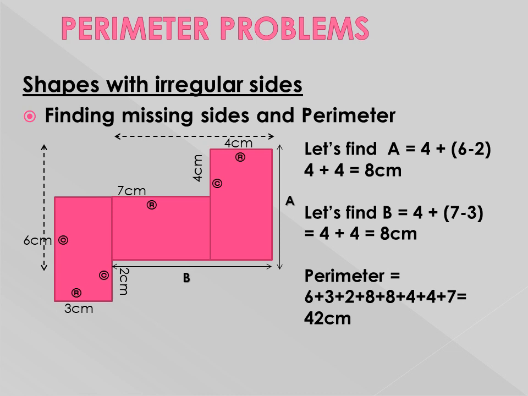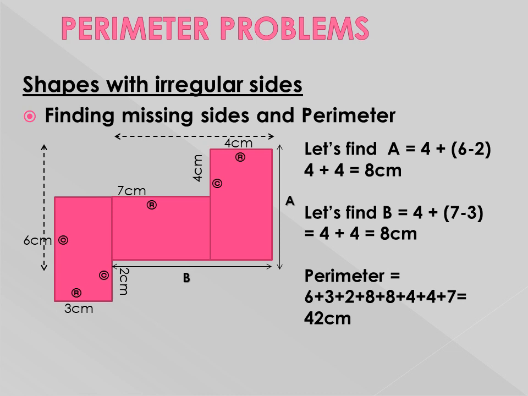What we do is look at the 4 centimeter that we have on rectangle C. Can you see we have two 4 centimeter, the one at the top and the one at the side? Part of it we have found, because the opposite side of this 4 centimeter would equally be 4 centimeter on the other side, right?